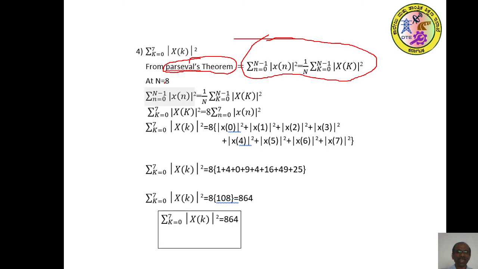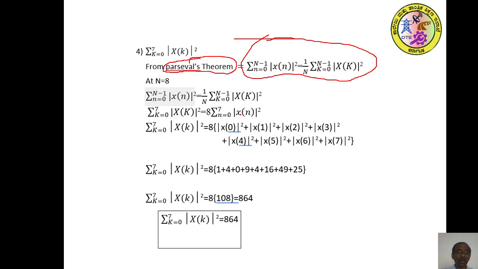Wherever capital N is there, replace it by 8. Sum from 0 to 7, 1 by 8. Cross multiply, and the N can be sent over, so it becomes 8 times. I don't have X of k, but I have x of n.